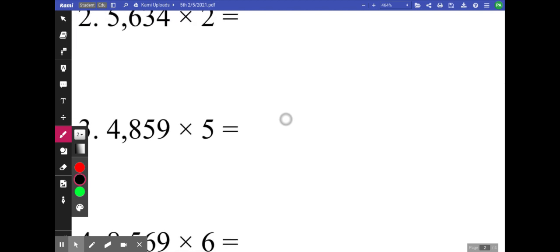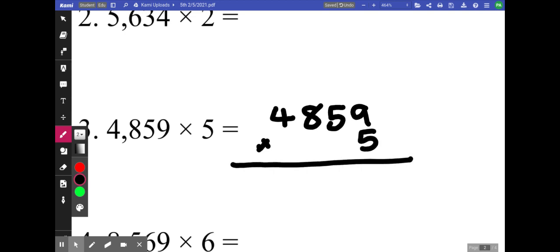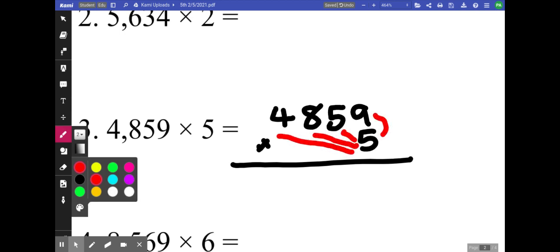So the easiest way to multiply, if you obviously don't have a calculator, is to align it. And you're just gonna connect. So you're gonna first do 5 times 9, 5 times 5, 5 times 8, and 4 times 5. However, it's kind of like adding, if there's any extra tenths, you're gonna have to move it over.